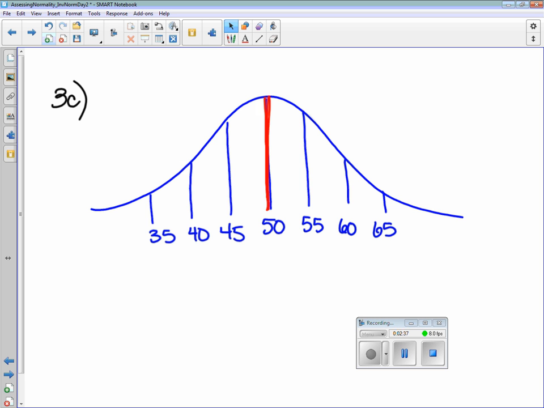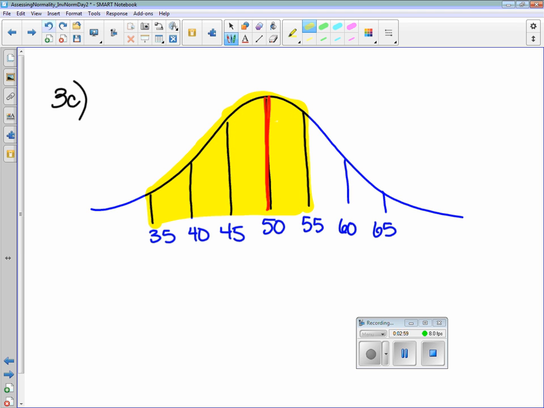So what percent of the time will the crazy car traveling at 50 miles per hour stop between 35 and 55? This is what I'm looking for here, this part of the graph.